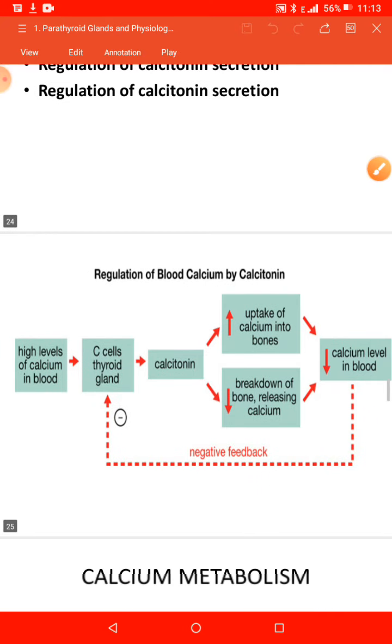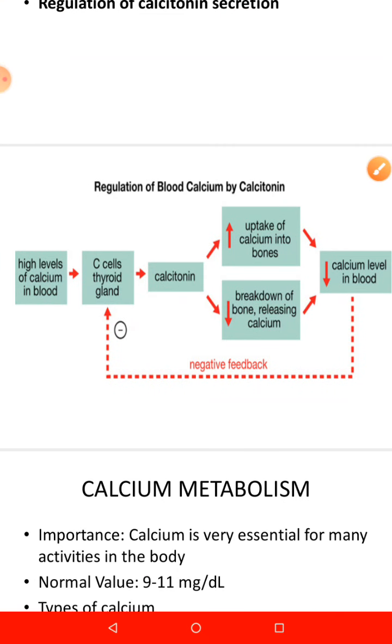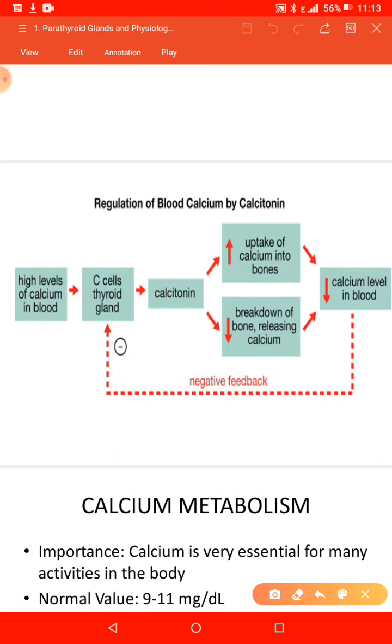So we won't waste much time because we've talked about parathyroid hormone, and usually calcitonin and PTH have opposite effects. So the action of calcitonin: it acts on the bones, the kidneys, and the intestine.